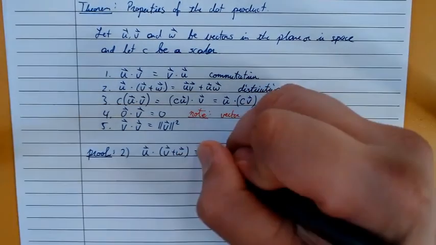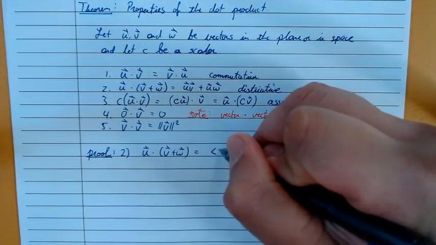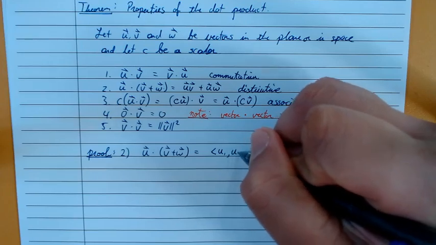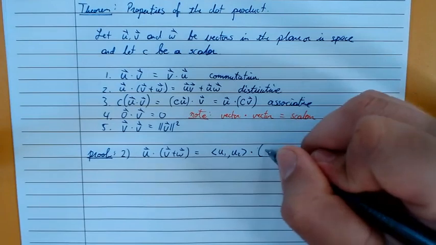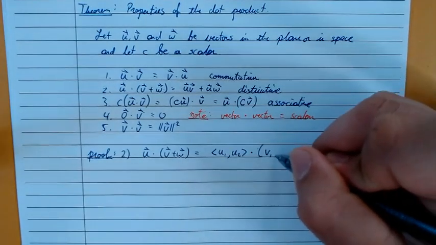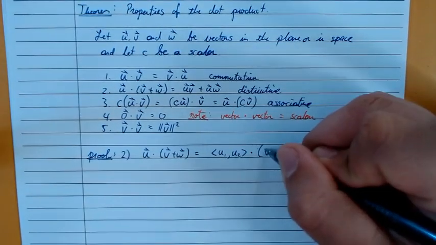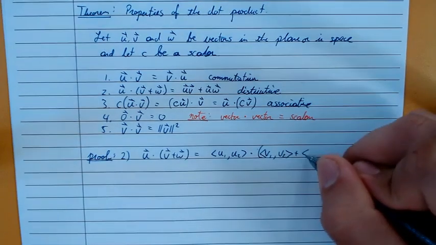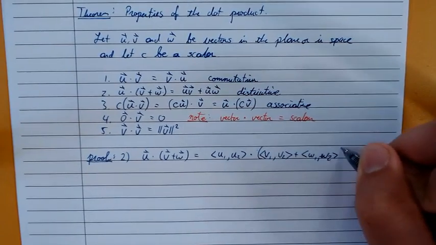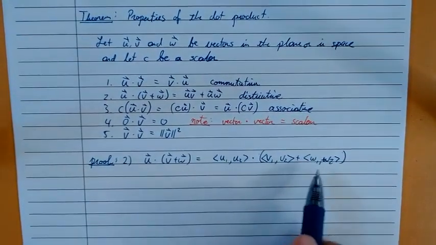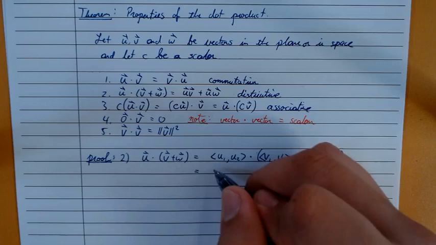All right, so my vector u is u1, u2, and then we're going to multiply that by v1 comma v2 plus w1 comma w2. Well, we know how to add vectors. That's just done component-wise.